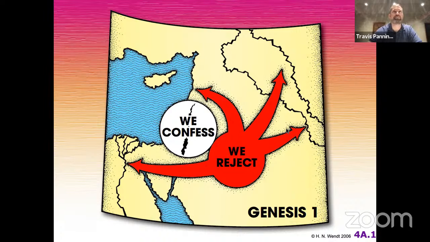All of these different places and people groups had their own version of how the world was made. Just for example, the Babylonian myth has the world being made out of the corpse of the dragon that the gods slew in bringing chaos under control, and out of that the world was made.